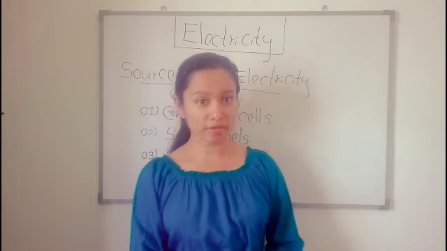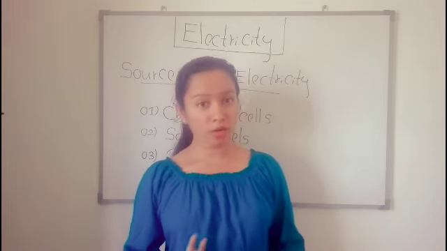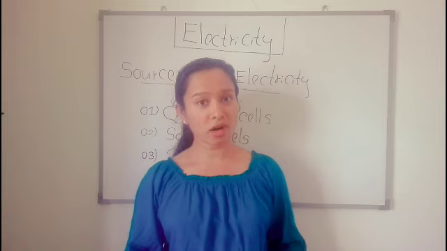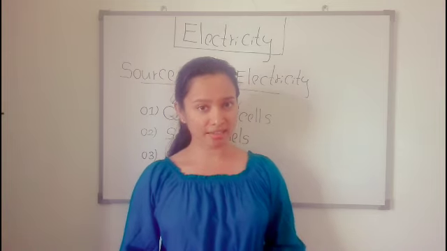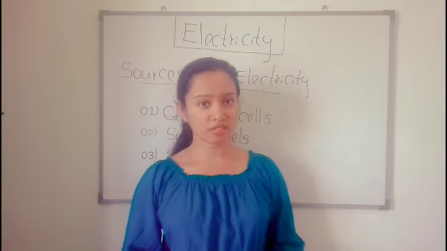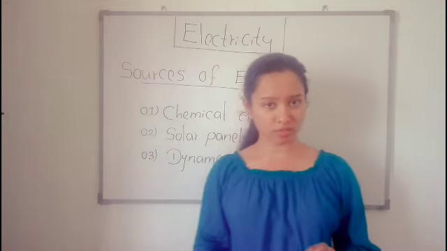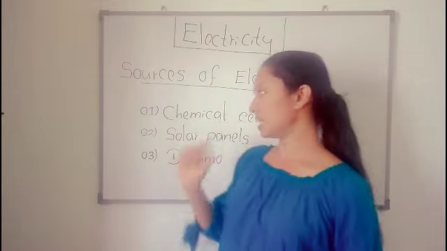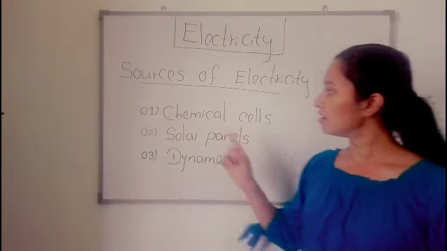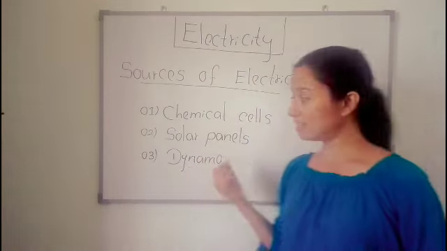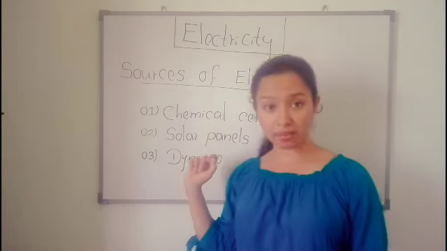In electricity, I think you remember we have talked about the sources of electricity. What are the sources? There are three main sources of electricity. The first one is chemical cells.